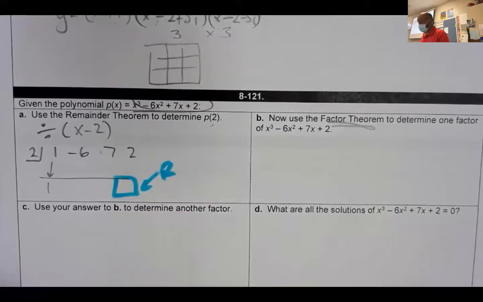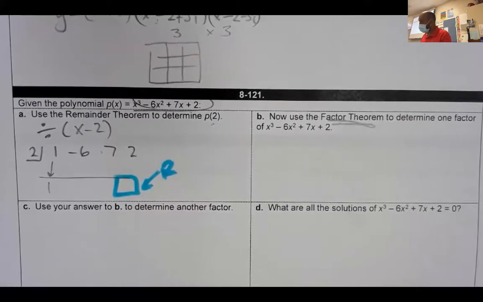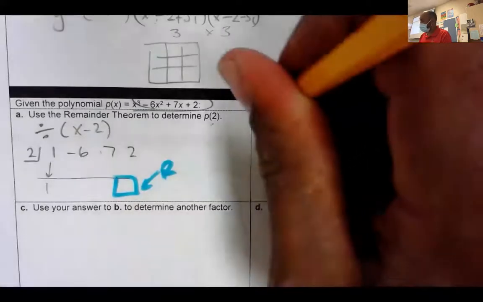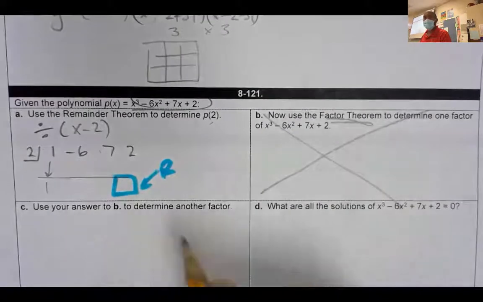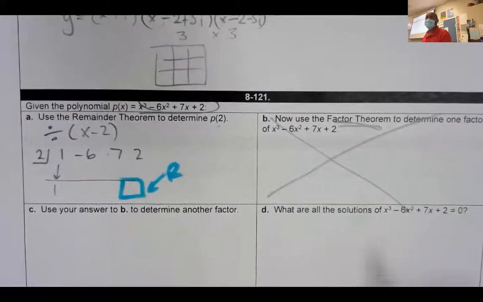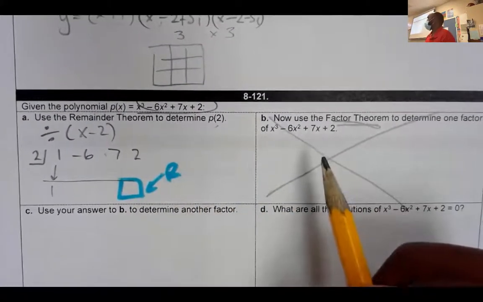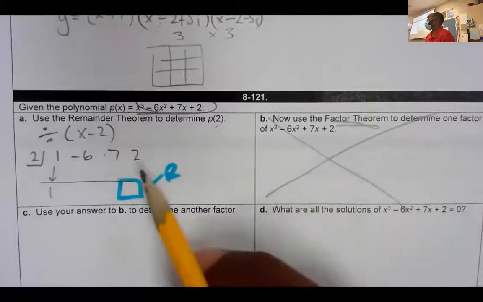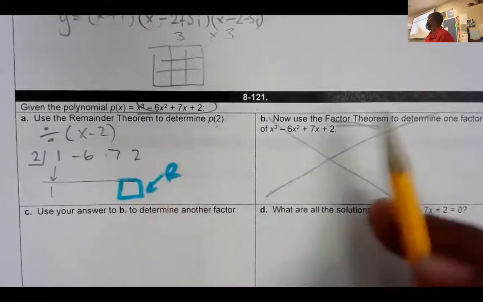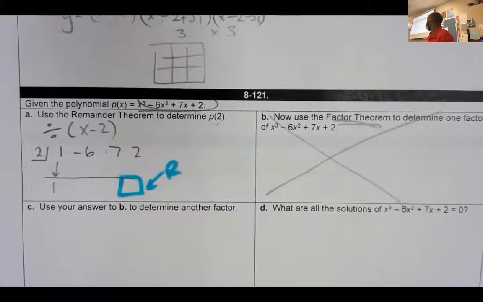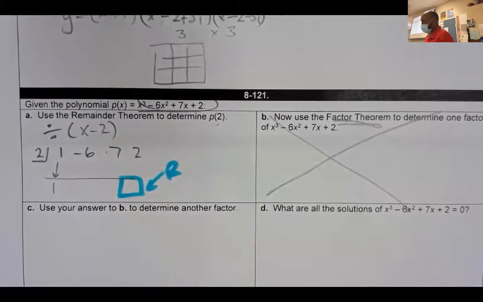Determine just one. Okay. I feel like that's the exact same question. You know, guys, just cross that one out because literally that's the exact same question. Because this is basically just saying to find a factor, and you're going to end up doing the exact same thing you did here, and you're going to do it there. So let's see, use your answer to determine another factor.